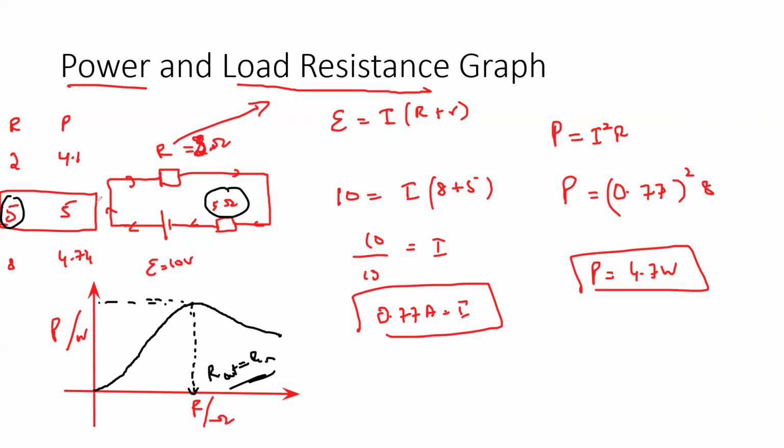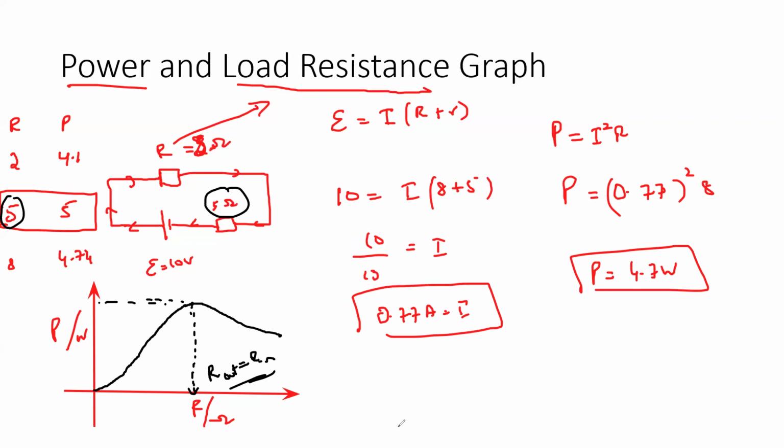So if we want the maximum power output from the cell, we should make the internal and external resistance the same. If the external resistance is higher than the internal resistance, we'll get a lower power than the maximum. If the external resistance is lower than the internal resistance, we'll also get a lower power. But the power output is maximum when the internal and external resistances are the same.